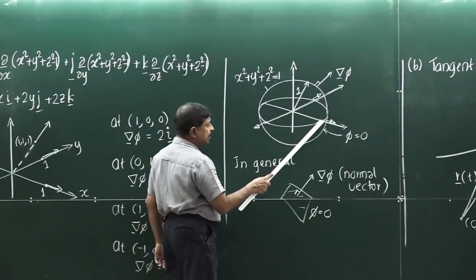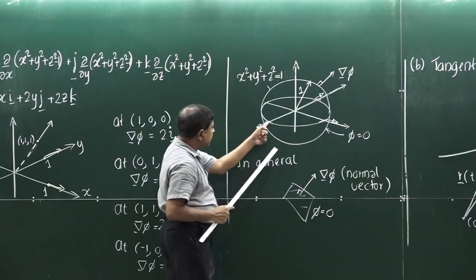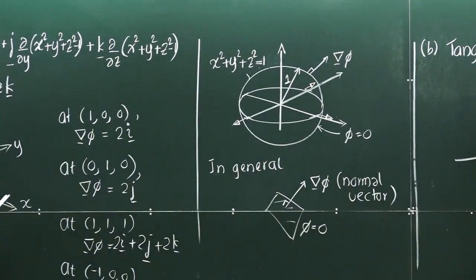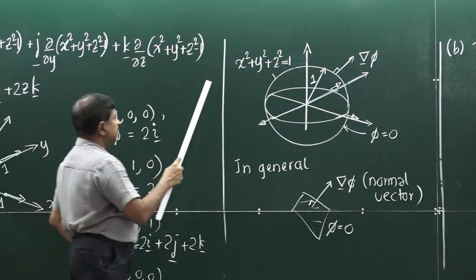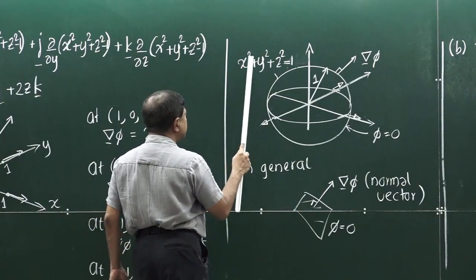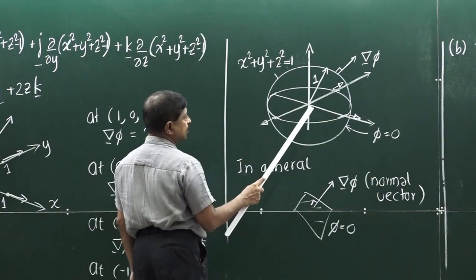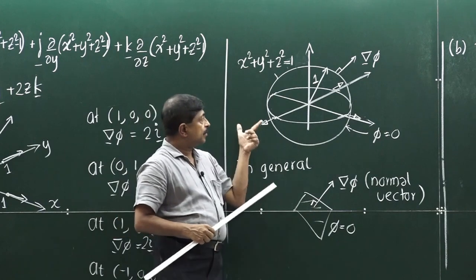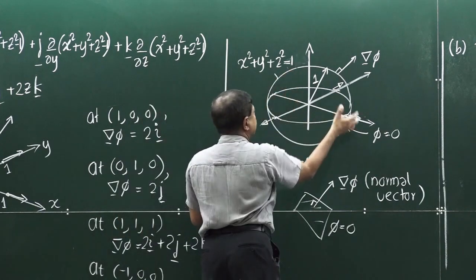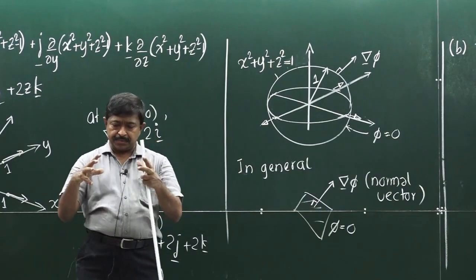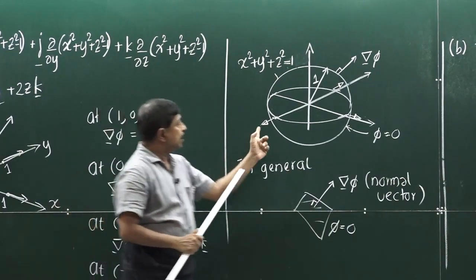So, if you move in this direction, what happens? The distance increases. That means grad phi is directed in the way that the value of the function phi increases. In this case, x squared plus y squared plus z squared increases, which is simply the square of the radius. Think of this as a balloon: if you increase the radius, you have to increase the volume.